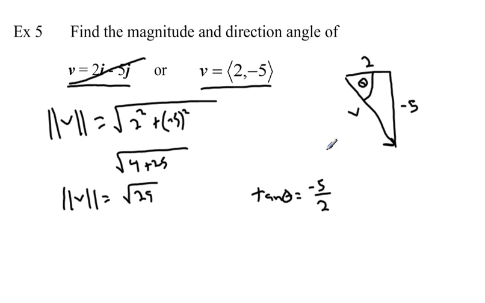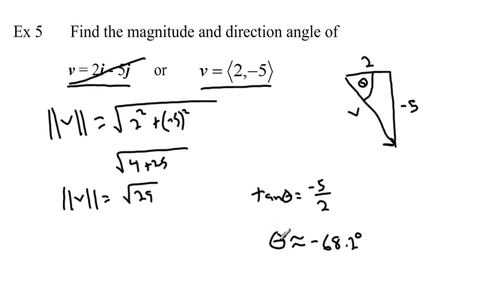If you take the inverse tangent of that fraction, you'll get theta, the angle, is about negative 68.2 degrees. Meaning this is going down 68 degrees, and the vector is going square root of 29 units from there. So there's your magnitude and direction angle.